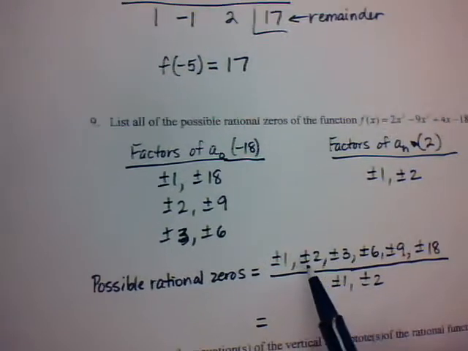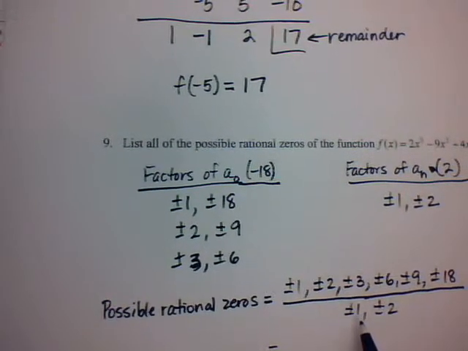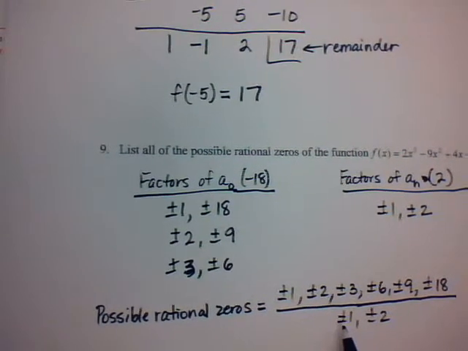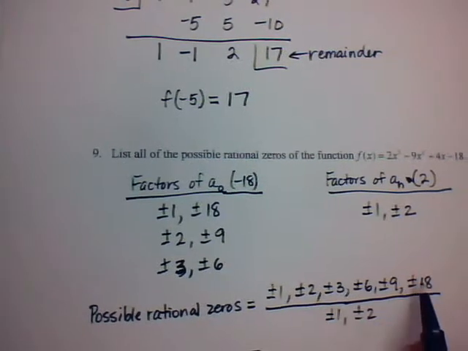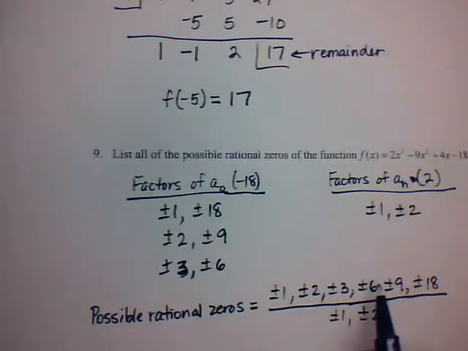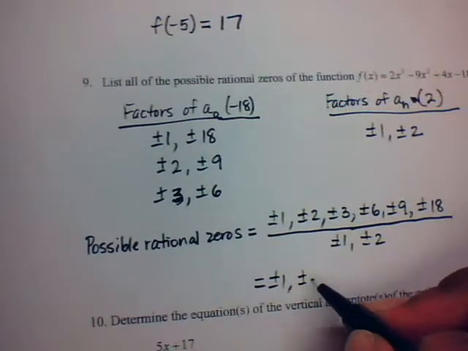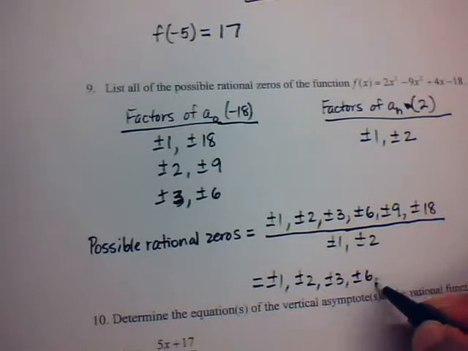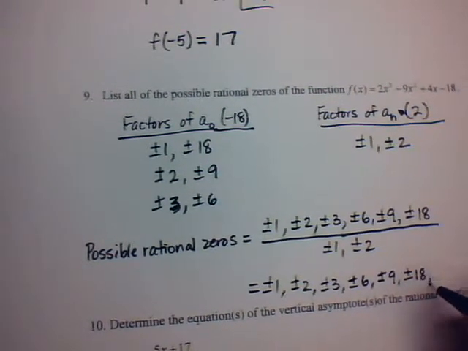Now, I'm going to divide each factor in the numerator by each factor in the denominator. Okay? The 1 is going to be easy because 1 divided into each one of those in the numerator will be these numbers here. So I'm going to rewrite this as plus or minus 1, plus or minus 2, plus or minus 3, plus or minus 6, plus or minus 9, plus or minus 18.